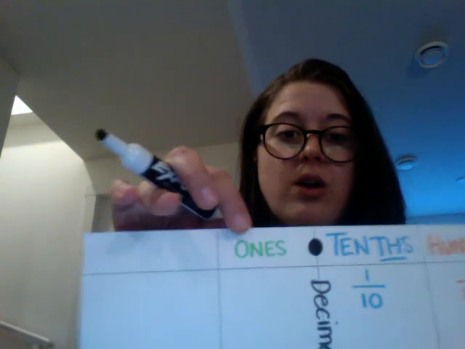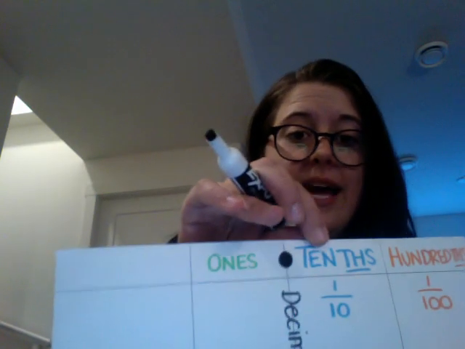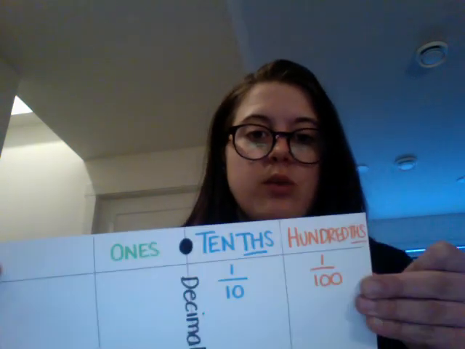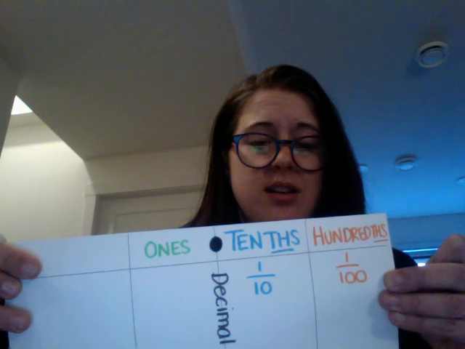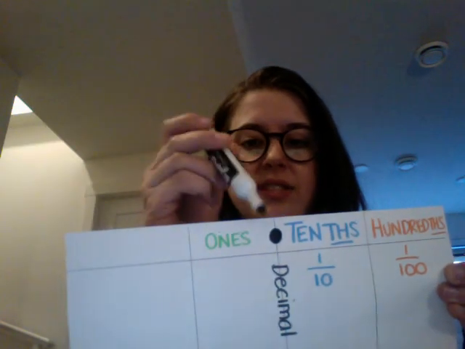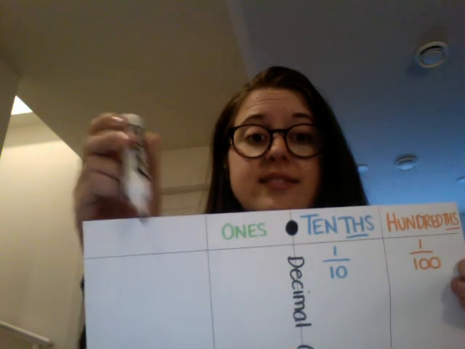But now we're going to be expanding our place value chart by one more label. In addition to our ones and our tenths, now we have something we call hundredths. It's kind of easy to remember because to the left of our decimal we have ones, tens, and hundreds.